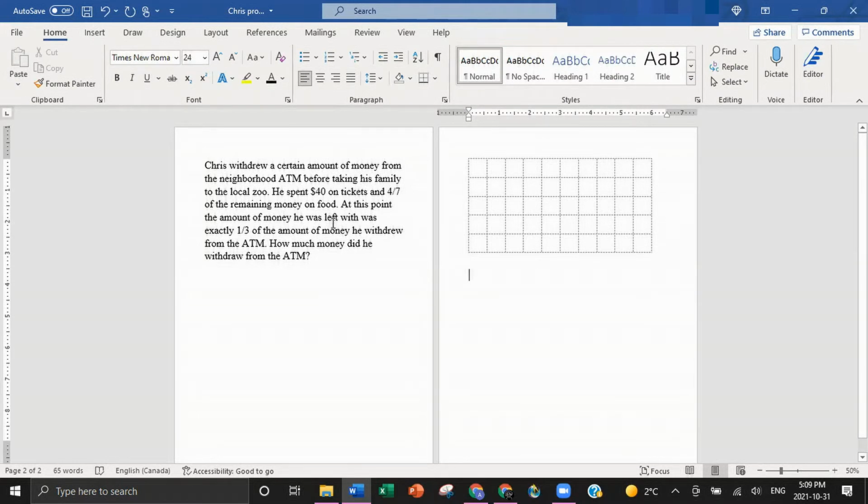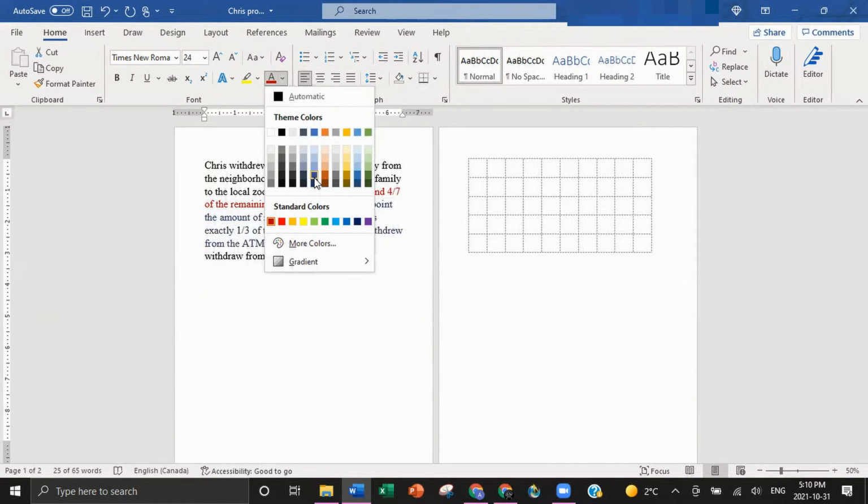Now I'm going to make the important parts of this problem different colors. We're going to do this sentence where he spends $40 on tickets and 4/7 of the remaining money on food. We're going to make that red. And we'll make this sentence where he was left with 1/3 of the money he withdrew, we'll make that blue.